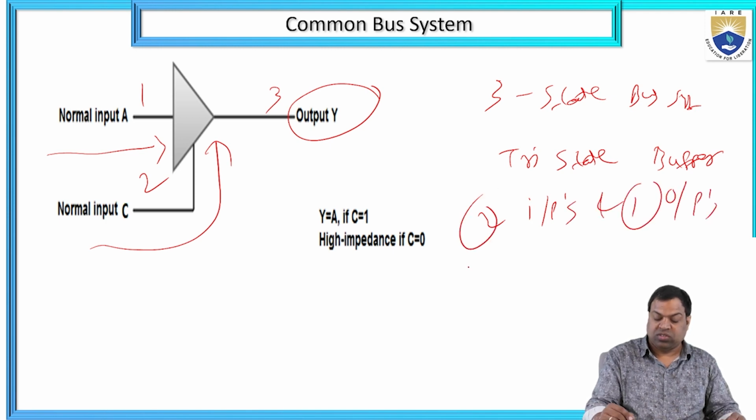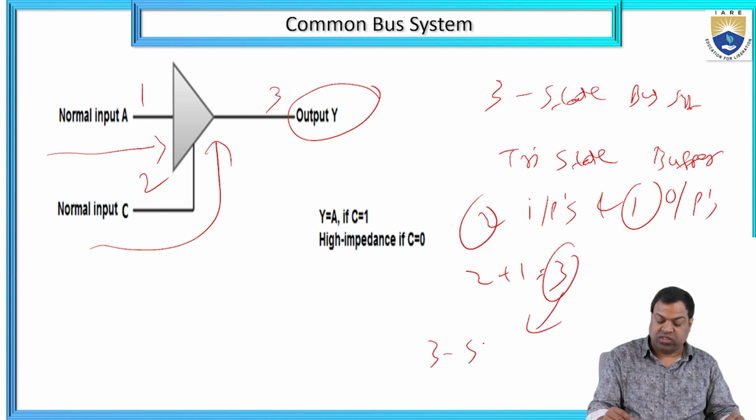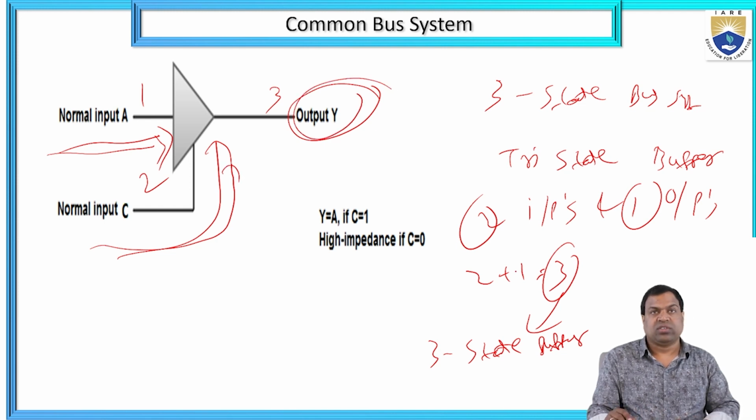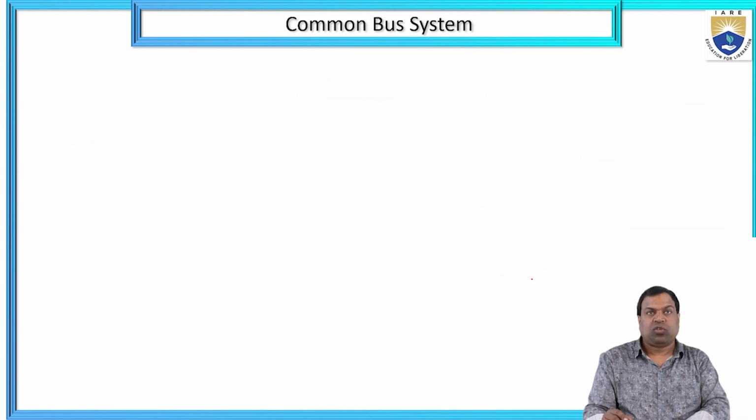So 2 plus 1 equal to 3. It is called a 3-state buffer or tri-state. Normal input A, control input C, and output is Y. So 2 inputs and 1 output.